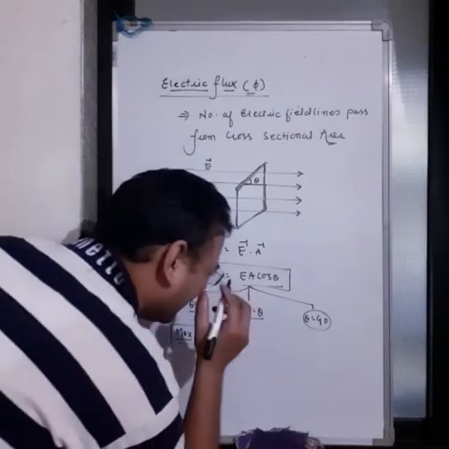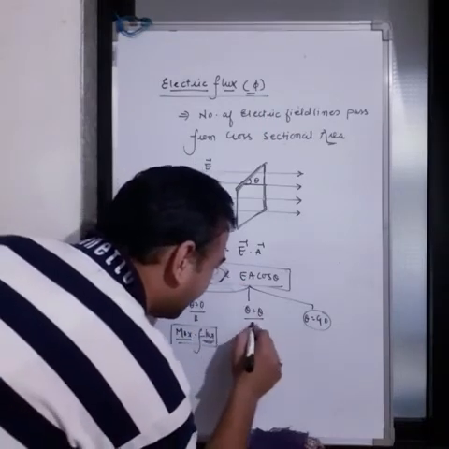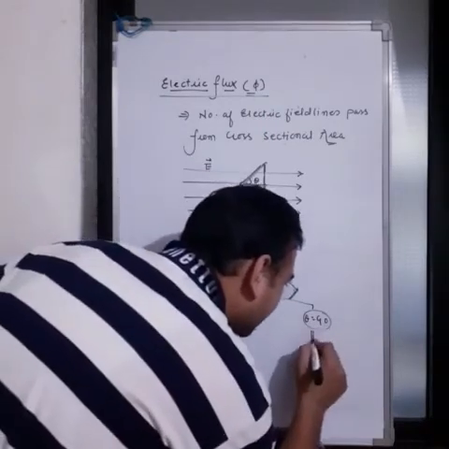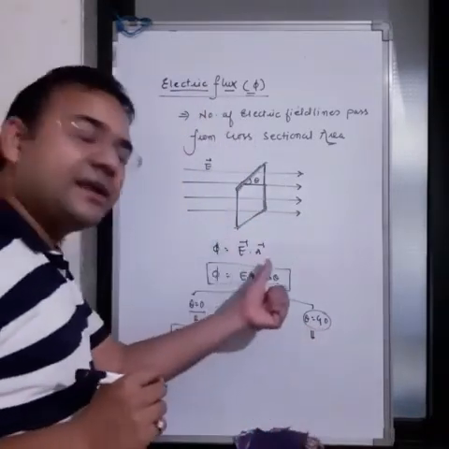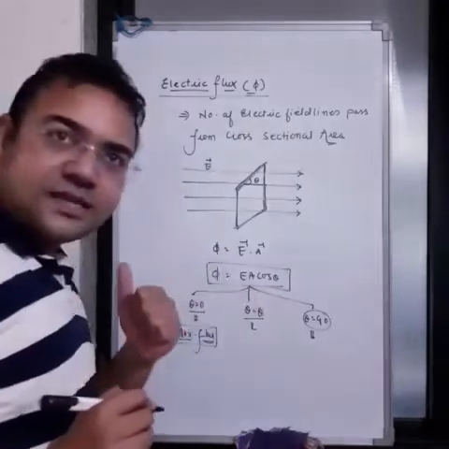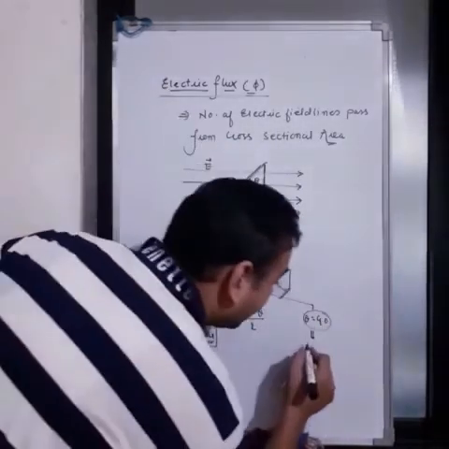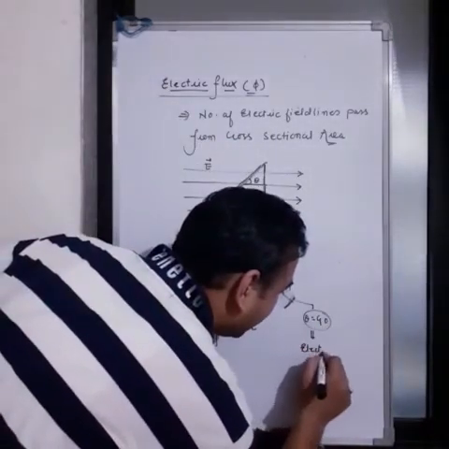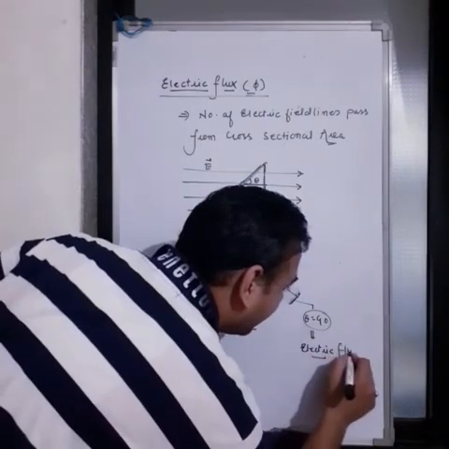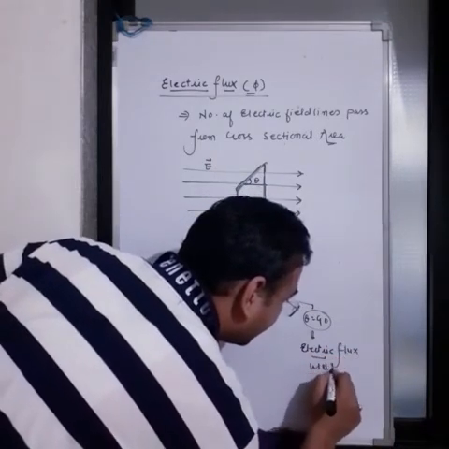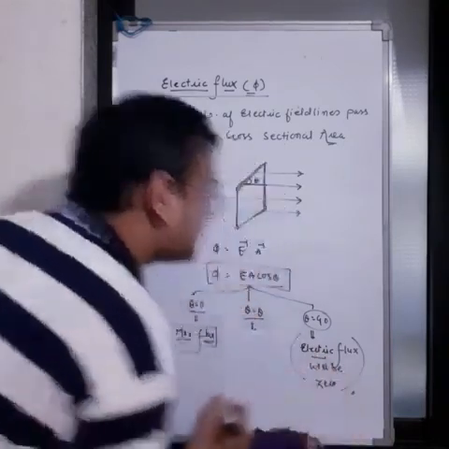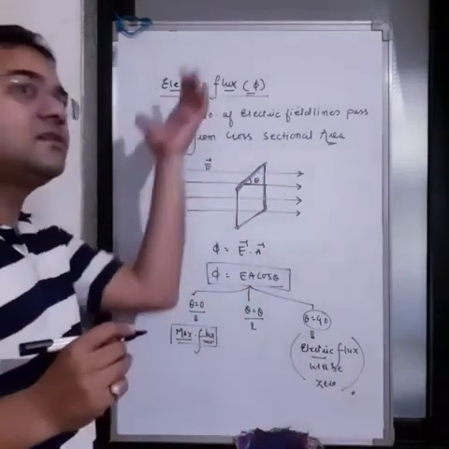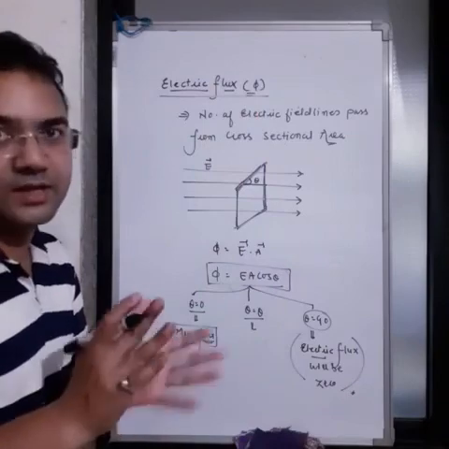When theta is any angle, then it depends on the angle. When the angle between the electric field and the area vector is 90, then electric flux will be 0. In this manner we can explain the electric flux. Okay, thank you.